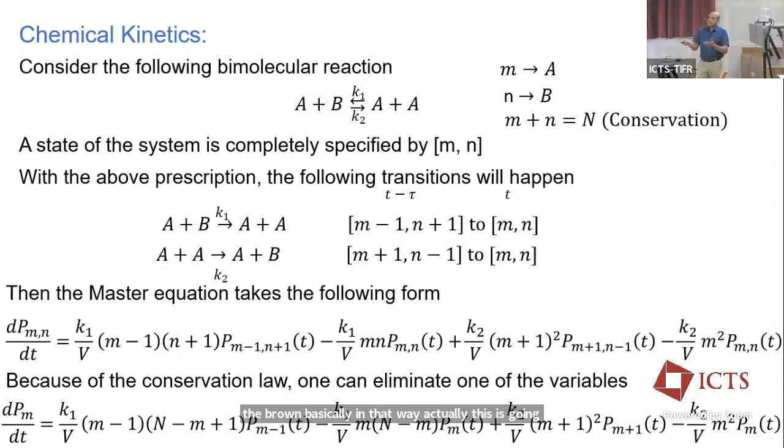So in the next lecture, what I will be doing: this is a simple case, so that's why we have written down the right set of equations. We can expand, ultimately we can get the Fokker-Planck equation, and even that equation can be solved for this particular case.